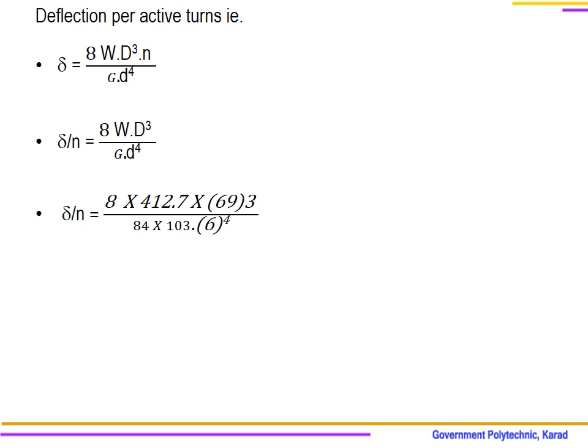So what will be the deflection of each turn? Delta upon n is 8 multiplied by W, which is 412.7, multiplied by 69 cube upon 84 multiplied by 10 raised to 3, the value of G, into 6 raised to 4. So delta by n comes out to be 9.96 millimeter. So every turn will deflect by 9.96 millimeter.